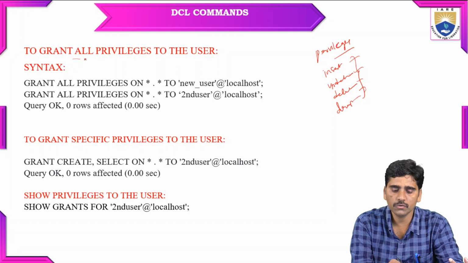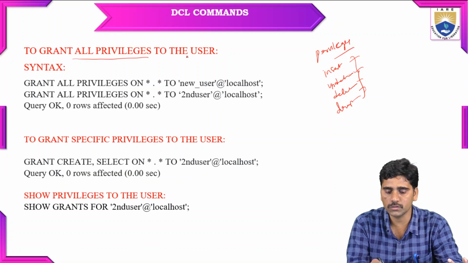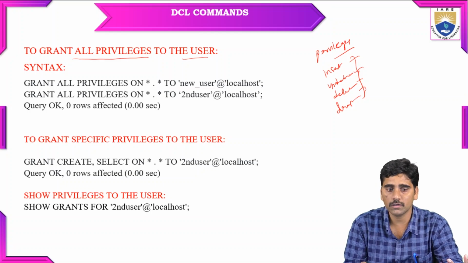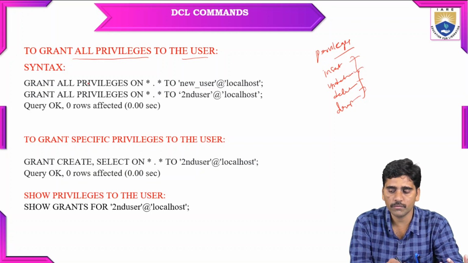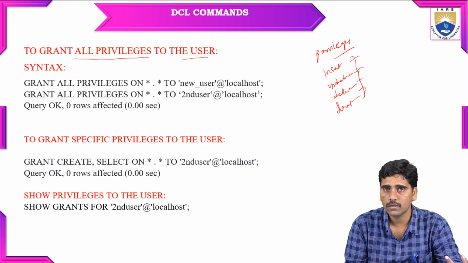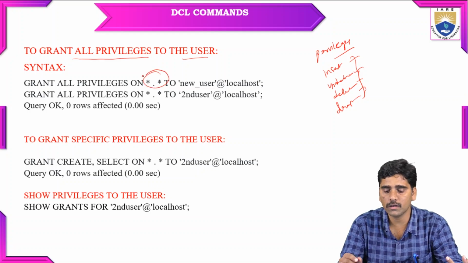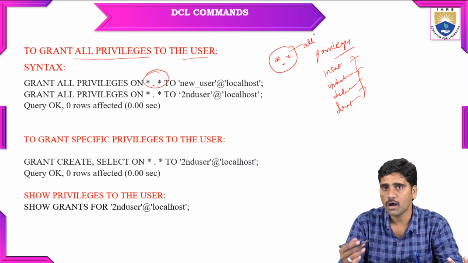So to grant all privileges to the user, the syntax is: grant all privileges on star dot star. Star dot star indicates all, and all indicates all privileges.